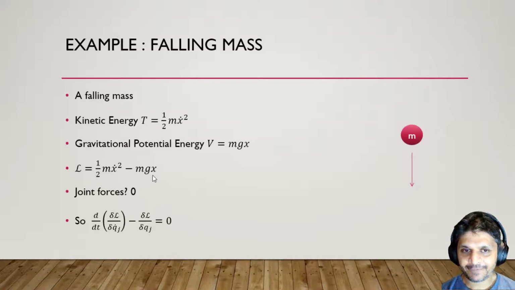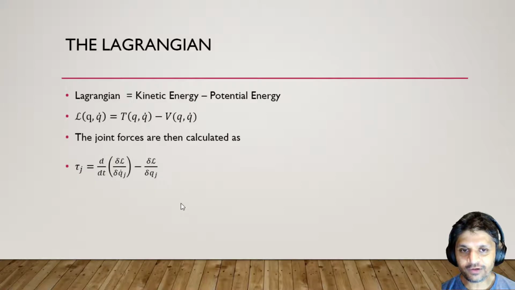And we said that we were looking at uncontrolled systems. In this case, we're looking at a system where the mass is just falling. We're not doing anything to this ball. So that means the force that's being applied, tau, is zero. So when we look at this equation over here, we'd say that this equals zero.